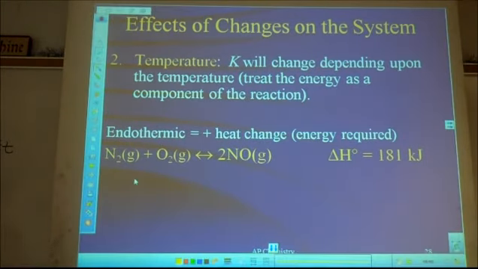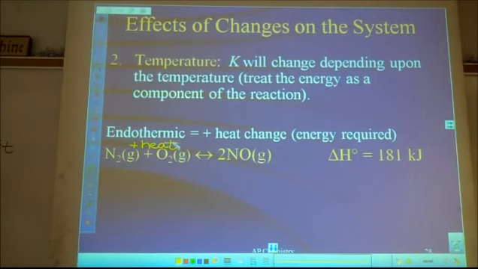Here is a third way I could tell you it's endothermic. If endothermic means heat is required, heat is absorbed, does that sound like heat is more like a reactant or a product? Reactant. So sometimes you'll see the word heat or energy written in on the reactant side. That's another way of telling you.